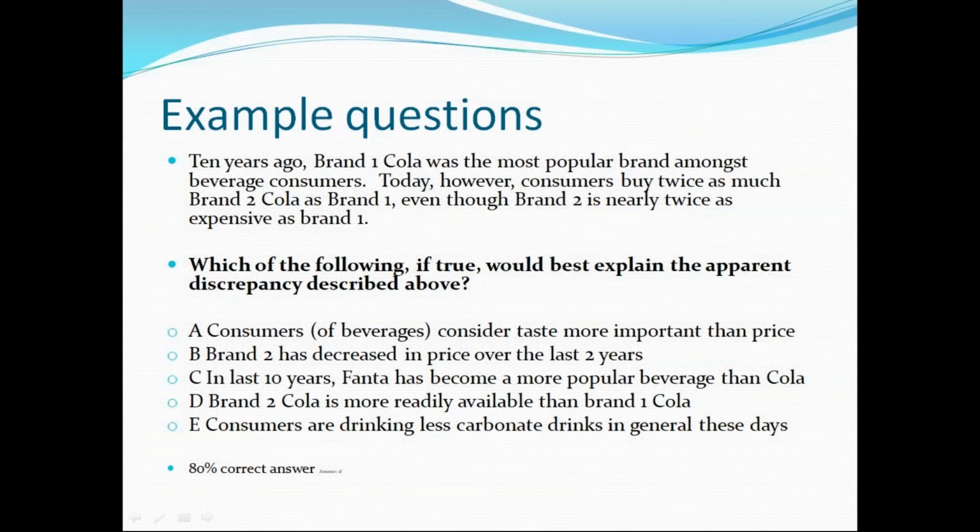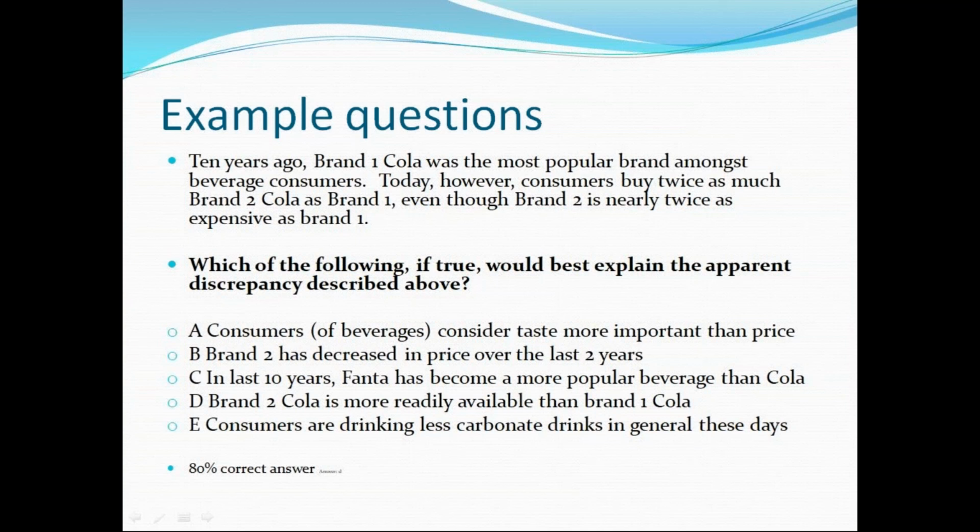Now, Brand 2 is even more popular, despite the bigger price. Yeah, despite higher price. That's it, essentially. So how can we explain the fact that this is a lot more popular now, even though it is a lot more expensive than the other brand? Which one of the answer choices would help us explain that best?